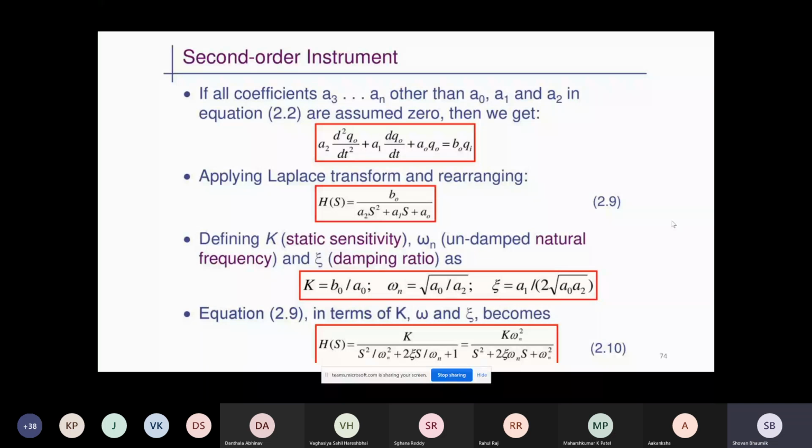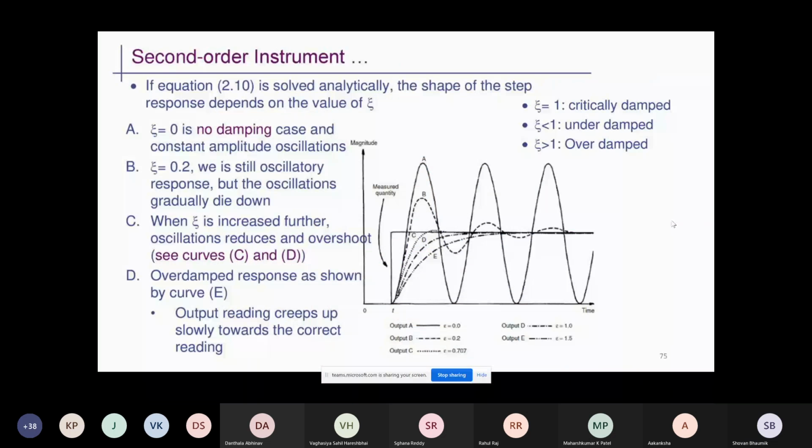That means if there is no damping, the frequency of oscillation will be omega n, and zeta is the damping ratio. That means how much the system is damped. So if we have a second order instrument, we can write the transfer function like that, and we need to know k, zeta, and omega n.